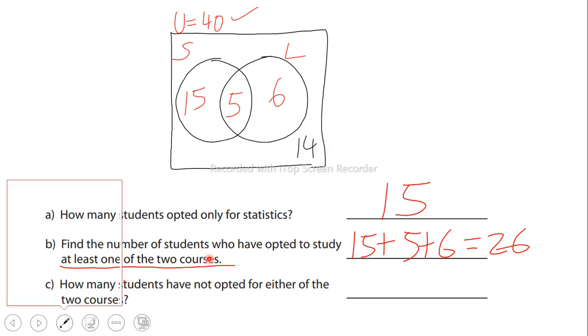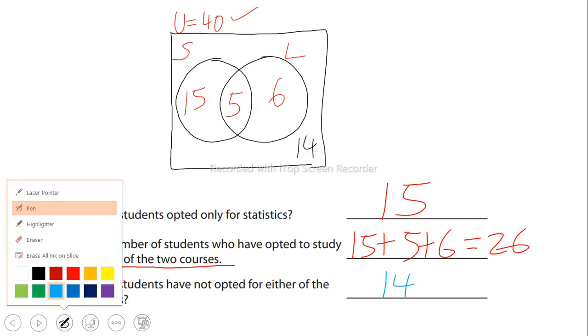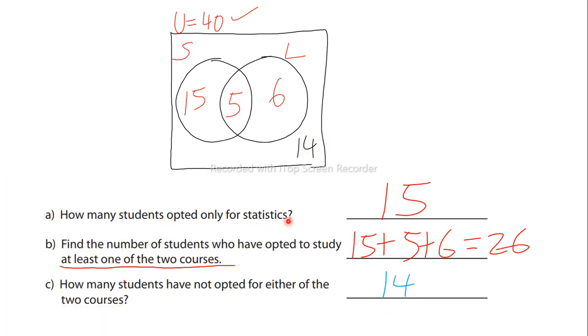But hopefully you can appreciate that the Venn diagram is a very nice way to summarize all this information. See how many words we had to use just to say what we said with just 2 circles and some numbers inside of it?